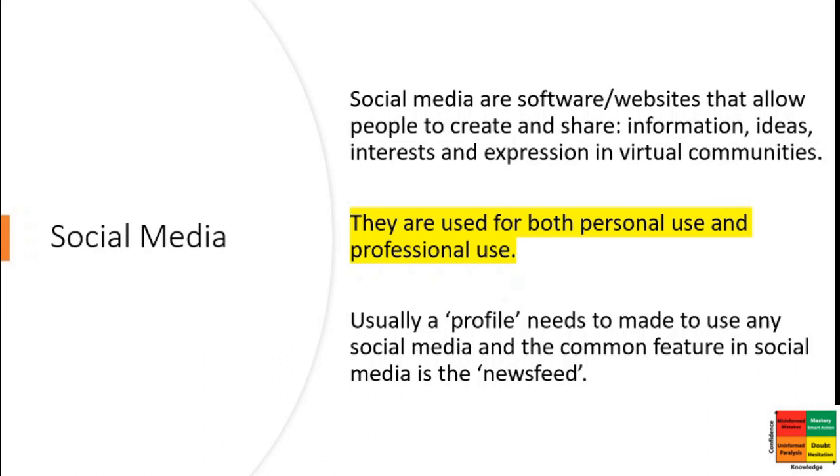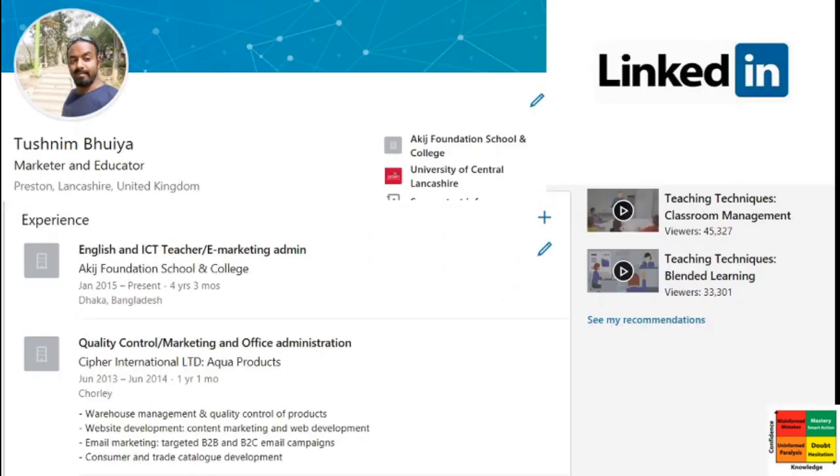So what does a profile look like? Here's an example of a LinkedIn profile. This is my LinkedIn profile. Here we can see there's some information about myself on the profile. Now, what profiles look like on different platforms will vary from one to the other. A LinkedIn profile will look different to a Facebook profile. A Facebook profile will look different to a Twitter profile.